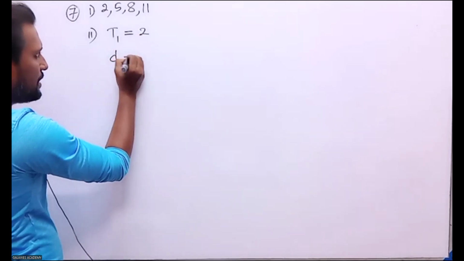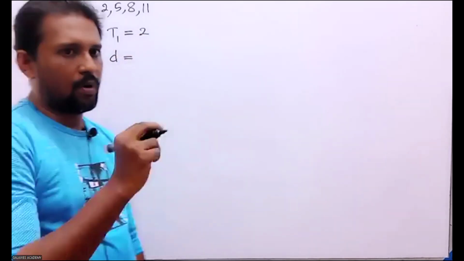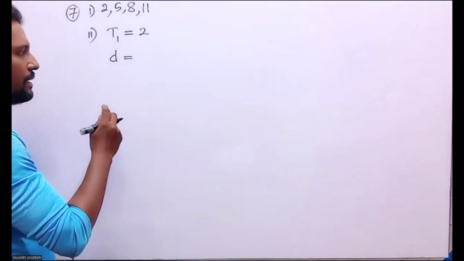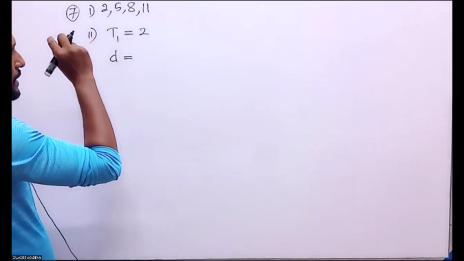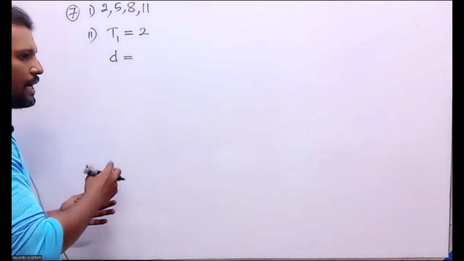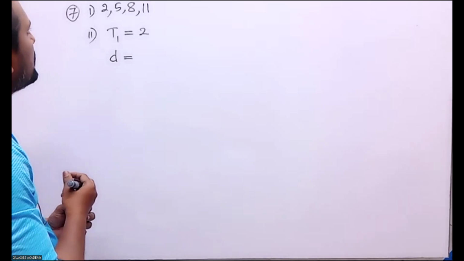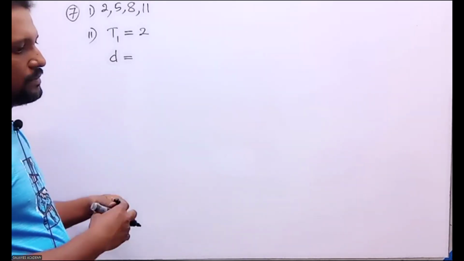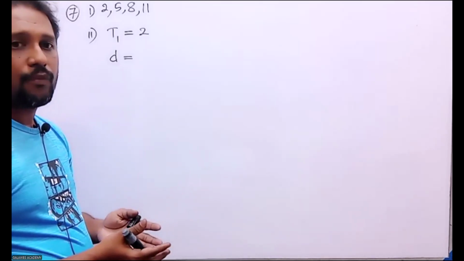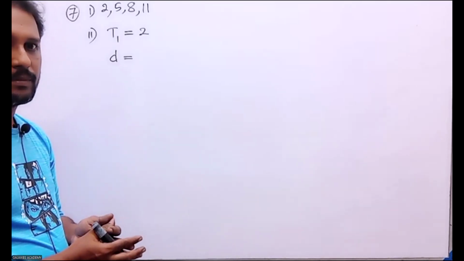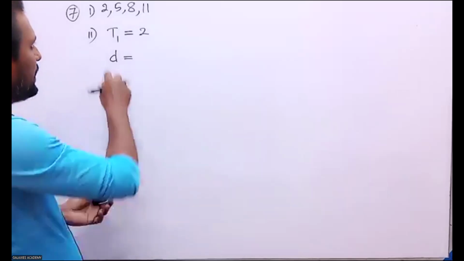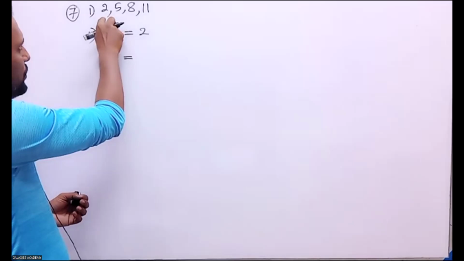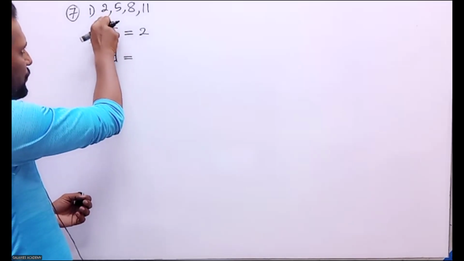Common difference means simply D. Right? If you want, you can write the word form. Common difference, how can you get it? Any term subtract from the term after it, right? That means this term and these two. When you consider these two, you can subtract 2 from 5.